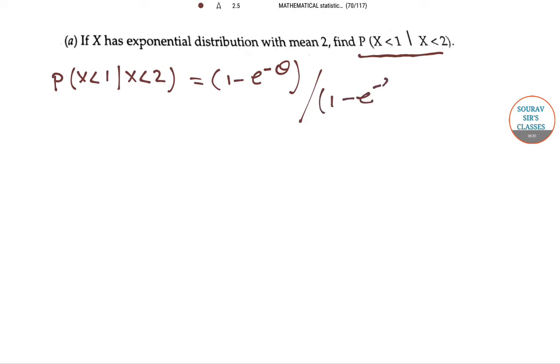For this we simply have to write down the probability X less than 1 given X less than 2 is equal to 1 minus e to the power minus theta, divided by 1 minus e to the power minus 2 theta, where theta is equal to half. So we can write it. So this is the answer for this question.